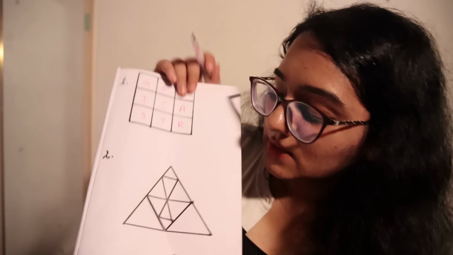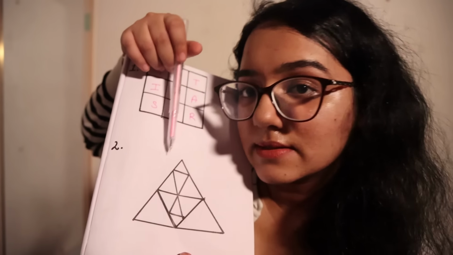Wait. 1, 2, 3, 4, 5, 6, 7, 8, 9, 10, 11, 12, 13. Yes. So there are 13 triangles in this.